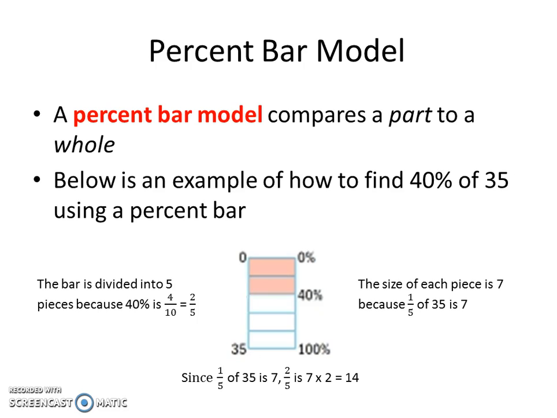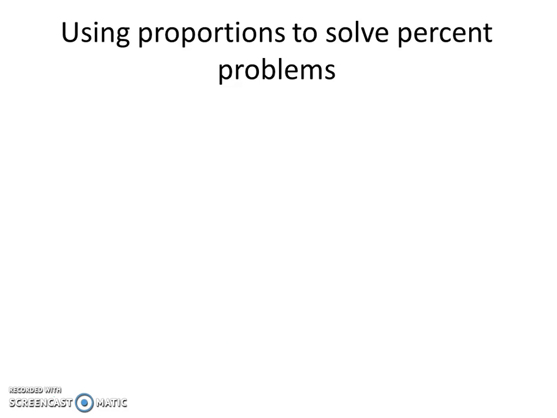Since 1/5 of 35 is 7, 2 fifths will be 7 times 2, which is 14. So 40% of 35 equals 14. This is a way that you can visualize this problem by using a percent bar to mentally divide into pieces and figuring out the size of each piece.